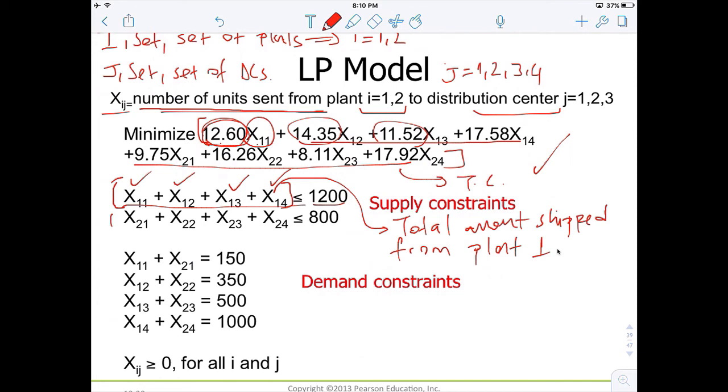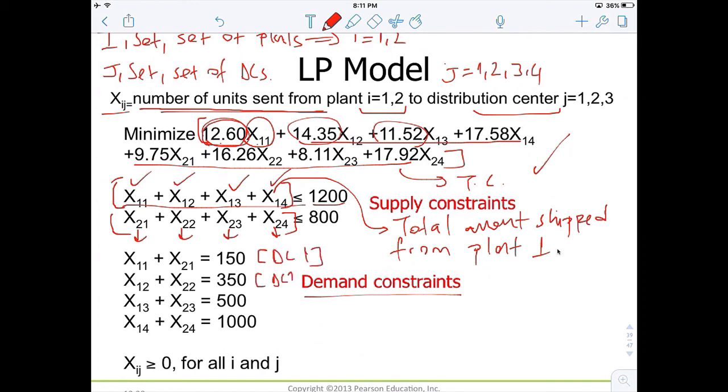We are going to do the same thing for plant 2. The only thing we are changing here is the first index, in order to represent this constraint for plant 2. For each distribution center, we have to have one for the demand restrictions.